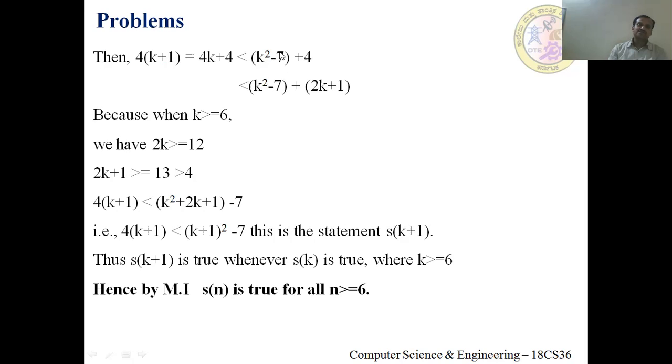That is another way of writing this 4. I'm going to replace it by this inequality, that is 2k plus 1, because 4 is less than 2k plus 1.